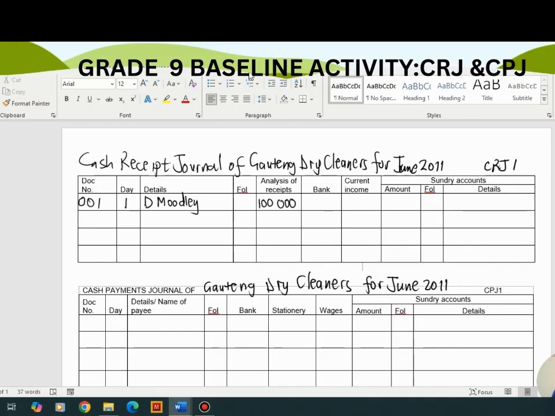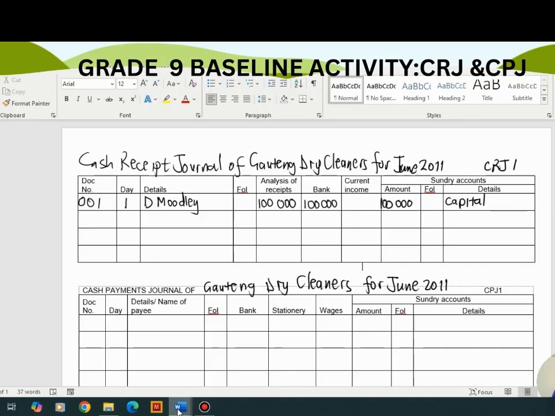This is the only transaction that happened on the day, so we record the amount under bank, as all the cash received by the business goes to the bank account. Then the account that is affected is capital. So we record 100,000 again under sundry accounts. Then the detail is capital.